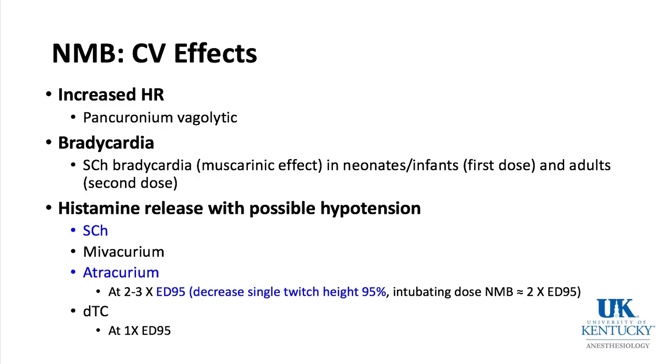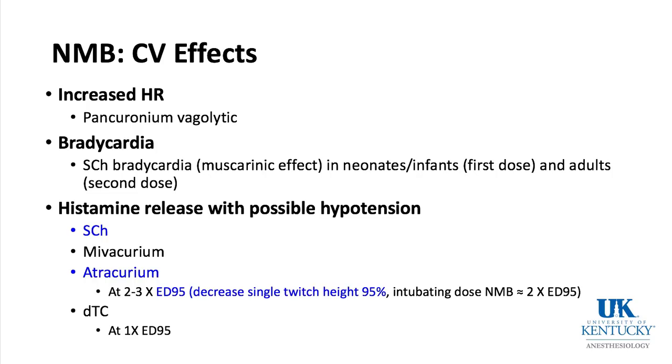Histamine release can occur with neuromuscular blocking agents. Succinylcholine releases histamine. Atracurium releases histamine, but it has to be a pretty high dose of atracurium, 2 to 3 times the ED95. ED95 being the dose to reduce single twitch height from 100% down to about 5%. And normally the intubating dose of neuromuscular blocking agents is about 2 times the ED95.